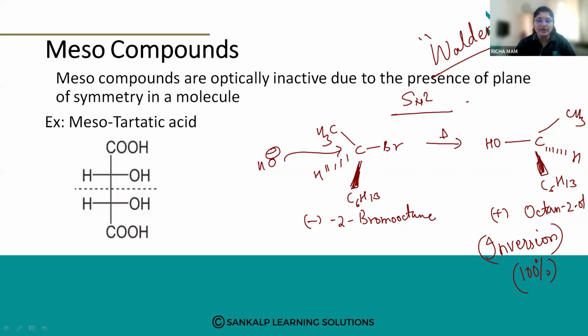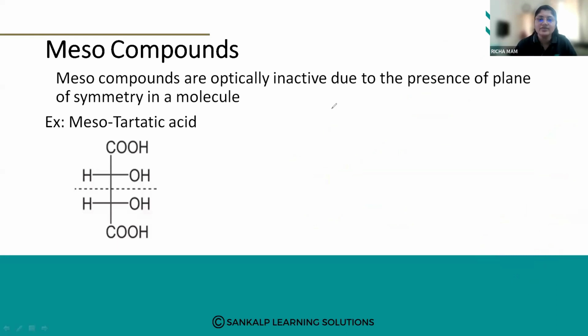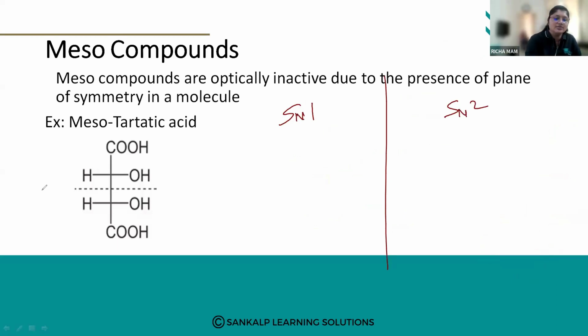Can we list out some of the differences? Now we have seen what the SN1 mechanism is and what the SN2 mechanism is. Can we list out some of the differences between SN1 and SN2 mechanism, students? So let's list out these differences and then we'll stop. SN1 follows first order kinetics.